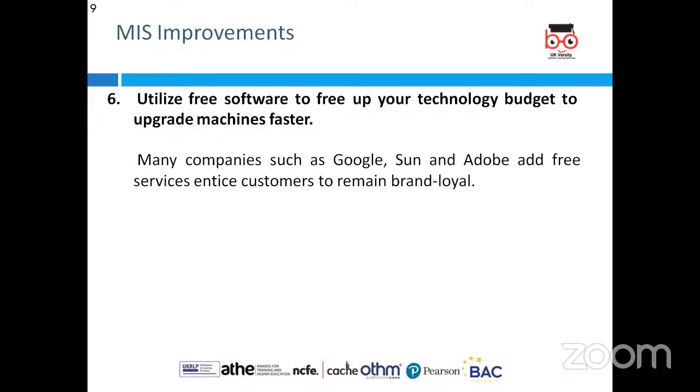Also, we can utilize free software to free up our technology budget to update machines faster. This is another advantage for our infrastructure, where we can see many companies such as Google, Sun, Adobe have now added this free service in order to speed up the machine and productivity.